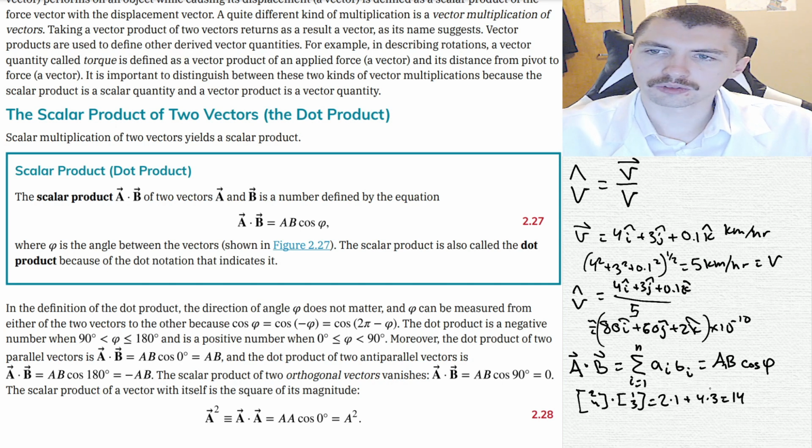So how do you find the magnitude? Magnitude of a vector.